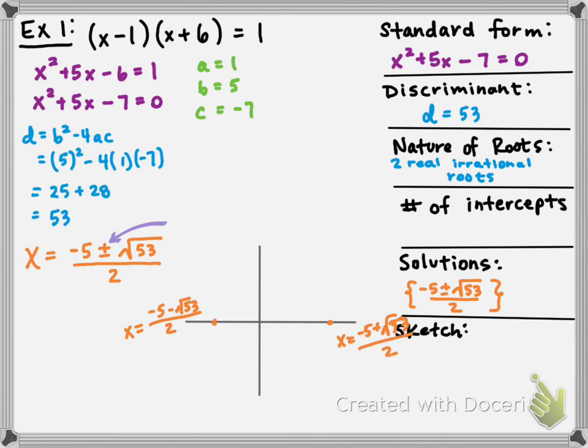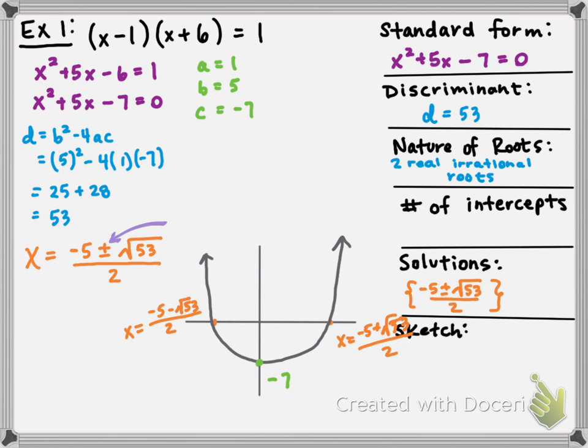Now, the a in this case was positive 1, so hopefully you agree with me that the sketch is going to be going up like that. And then I notice there's an intercept down here, and that would be at negative 7.